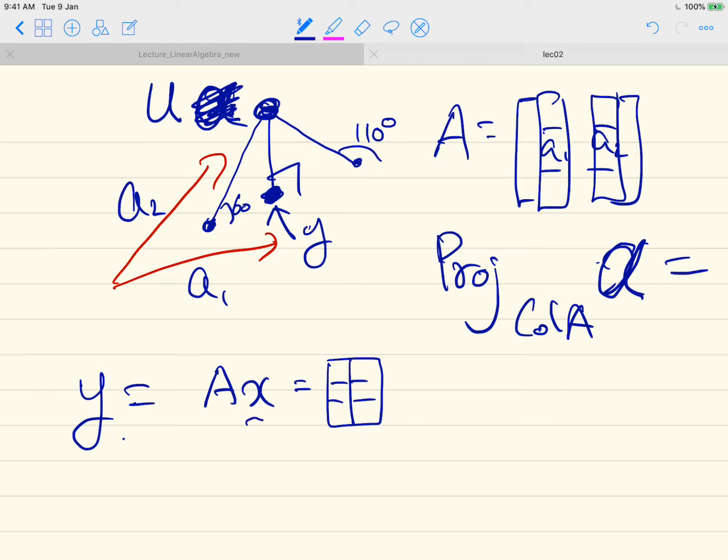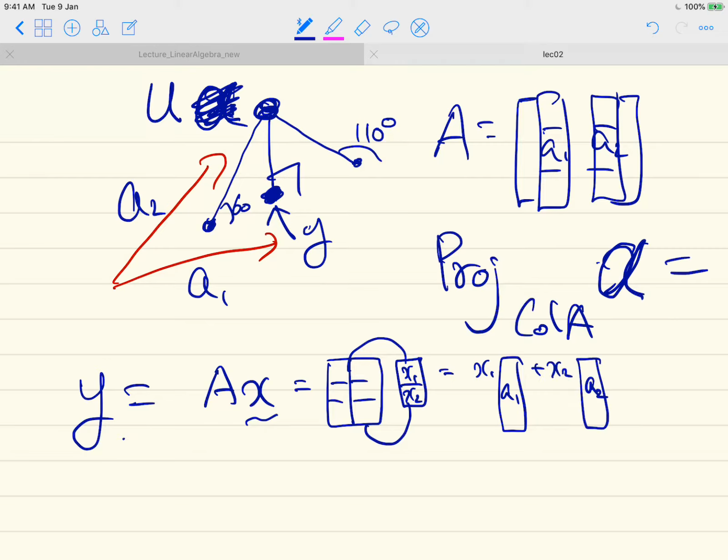And then the vector x should be a 2-dimensional vector, x1 and x2, and they are multiplied with each column vector, and then produce x1 times A1 plus x2 times A2, right? So this will be our projection, right?